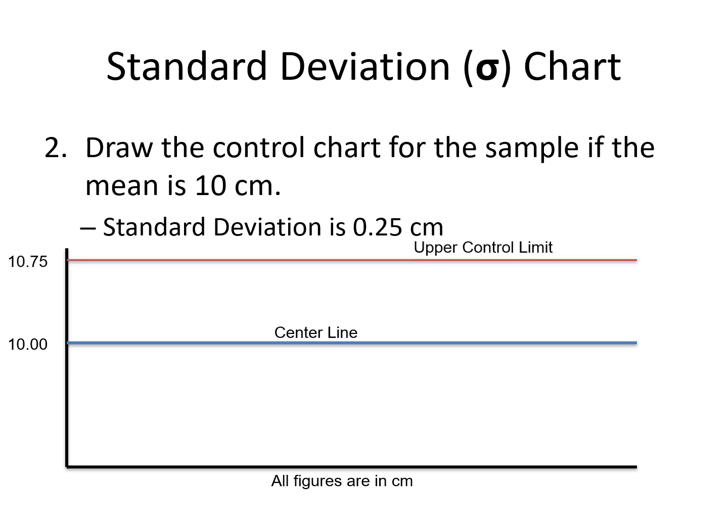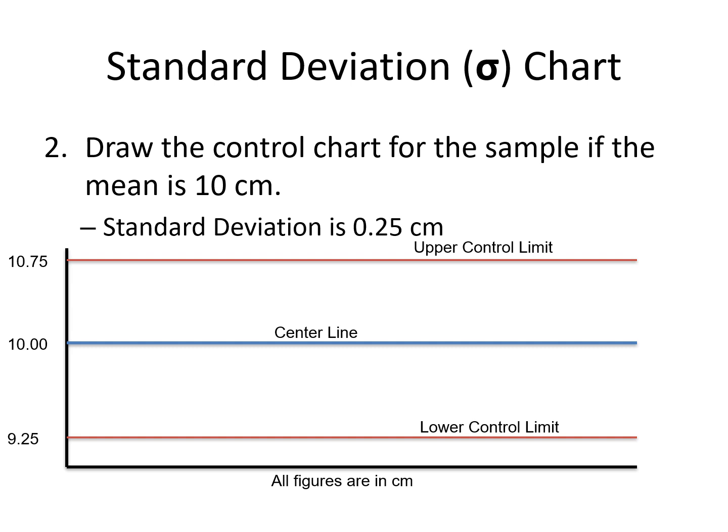So we have the upper control limit. Similarly, the lower control limit would be 10 centimeter minus 3 times the standard deviation, which is 10 centimeter minus 0.75 centimeter, which comes to 9.25 centimeters. Once we have drawn the upper and lower control limits, we may also be interested in drawing the warning limits.